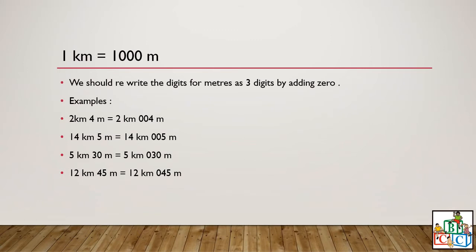2 kilometers 4 meters is equal to 2 kilometers 004 meters. 14 kilometers 5 meters is equal to 14 kilometers 005 meters. 5 kilometers 30 meters is 5 kilometers 030 meters. 12 kilometers 45 meters is 12 kilometers 045 meters.